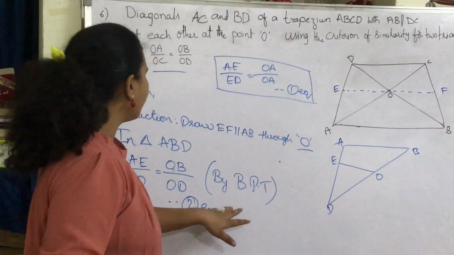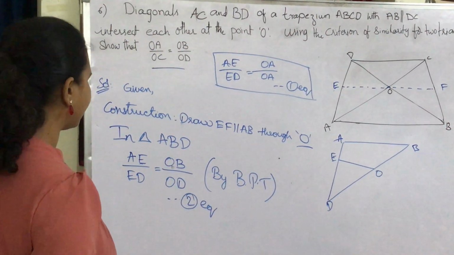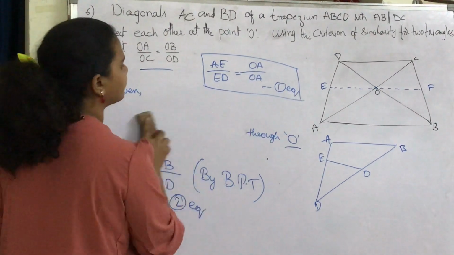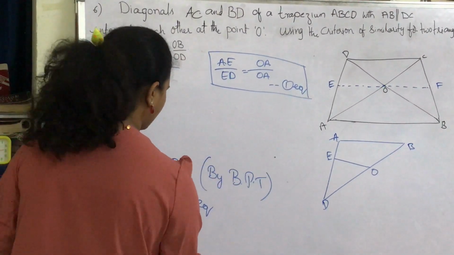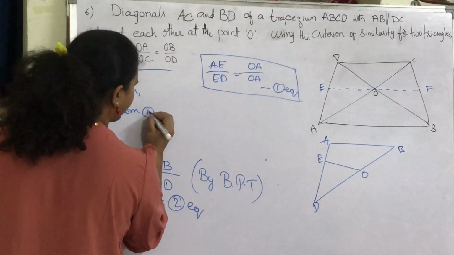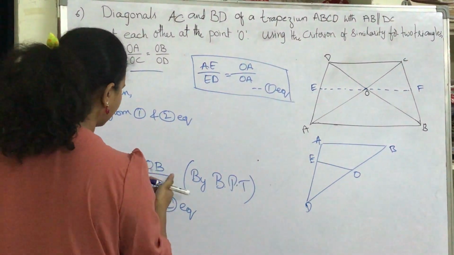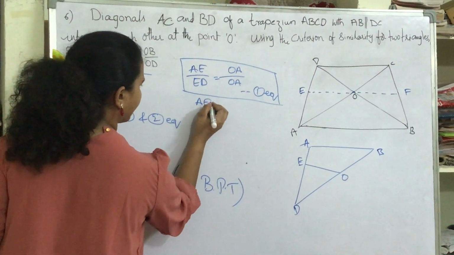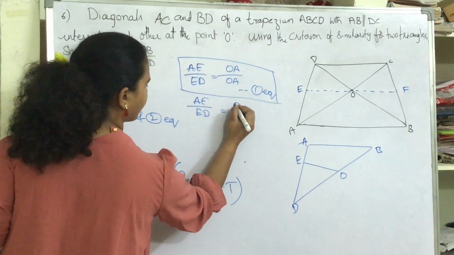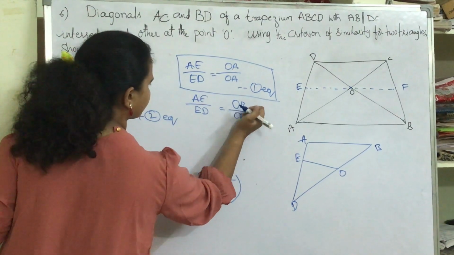Now we have the second equation and the first equation. From equations 1 and 2, we can see that OA by OC equals AE by ED, which equals OB by OD.